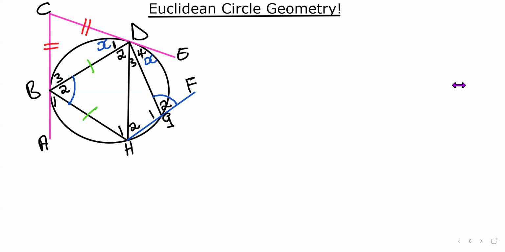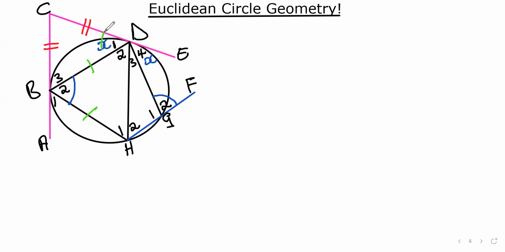Any idea, Ndonzo? No, sir. You don't have an idea. Okay. Nosipo, what about you? So I see that angle D1 is equal to H1 because of the tan chord theorem.